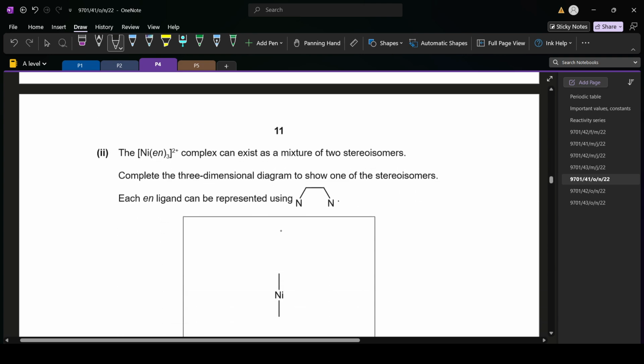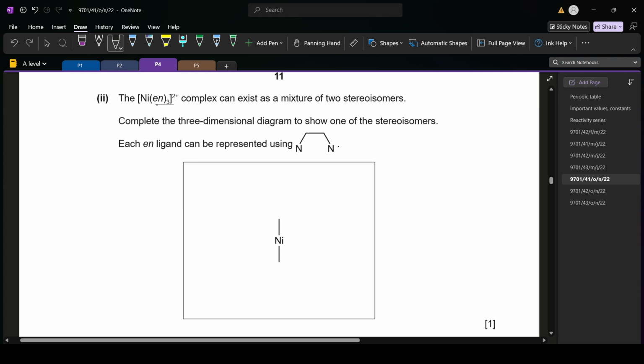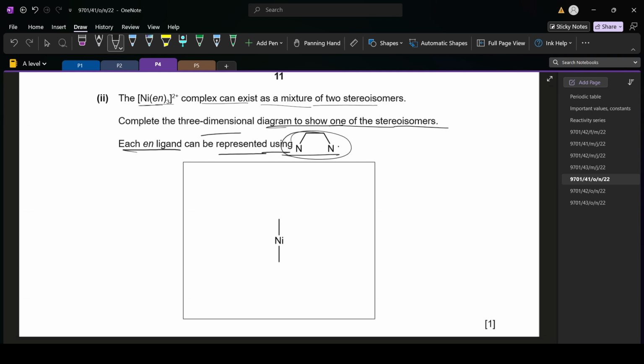Moving forward, the nickel en3 complex can exist as a mixture of two stereoisomers. Complete the three-dimensional diagram to show one of the stereoisomers. Each en ligand could be represented using this symbol.